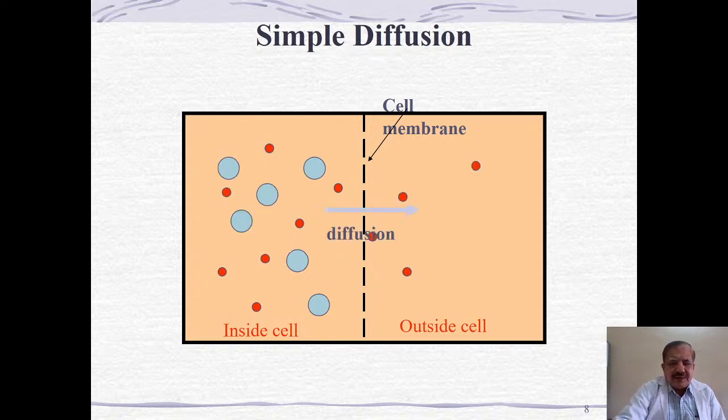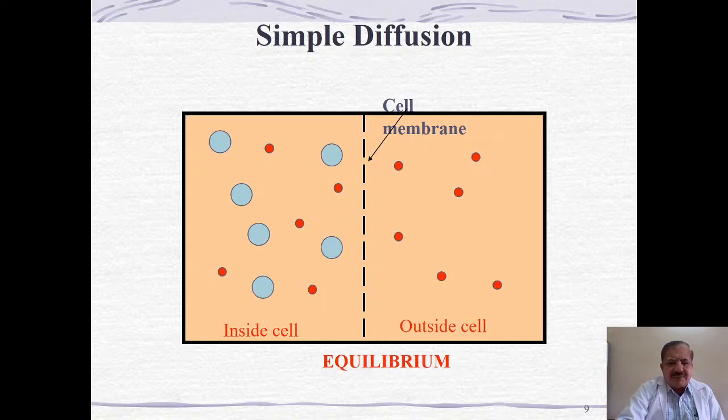Inside the cell it is concentrated, outside the cell it is not. So diffusion starts through the semi-permeable membrane, from inside the cell to outside the cell. Once equilibrium is reached, there won't be any exchange of material.